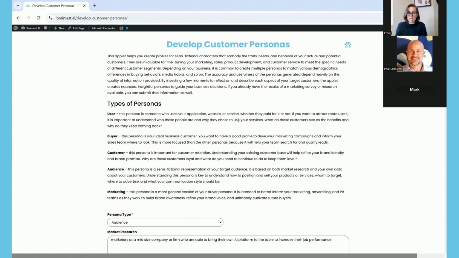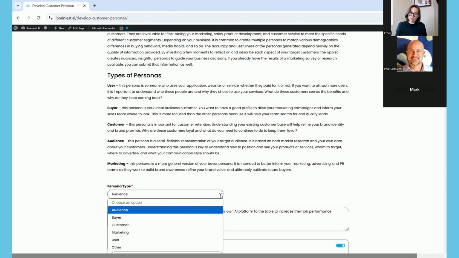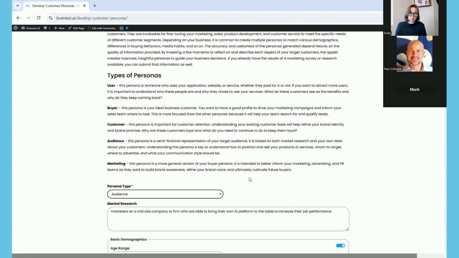And then in this case, we have some additional explainers about the types of personas that you want to consider, because that is one of our first categories. It's a drop down. It has the red asterisk by it. Whenever there's a red asterisk, that means it is a required category. We're very upfront in terms of how we demonstrate that to you.